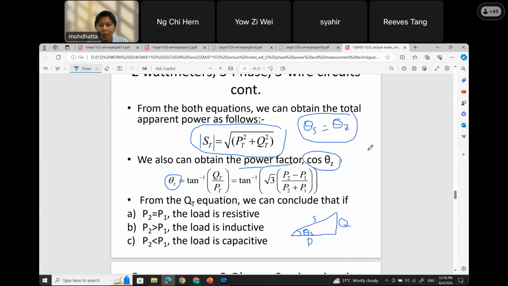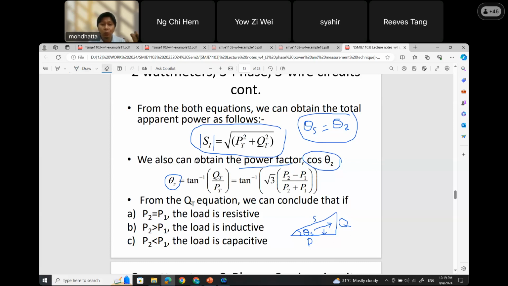In other words, how it becomes tangent theta, because we try to find the theta over here. The opposite of it is the reactive power Q, and the adjacent will be our active power or our P. Expanding from that, we know that Q total is root 3 times P2 minus P1, and the P total is P2 plus P1.